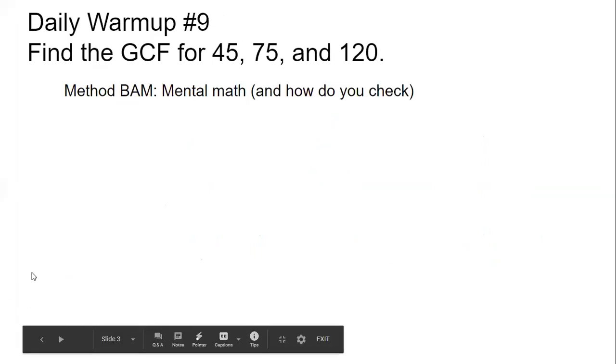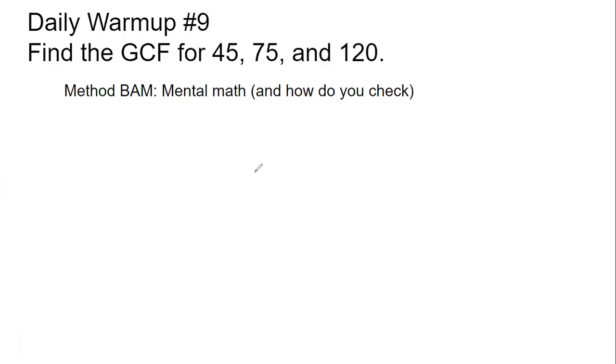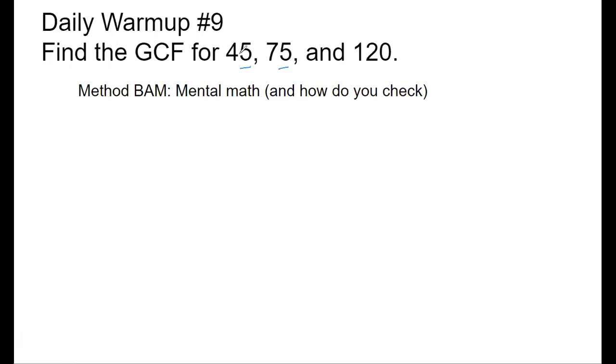So moving on to the mental math. How do you check? I know a lot of people went, hey, I know 45 ends in 5, 75 ends in 5, so these are divisible by 5. This ends in a 0, divisible by 5. So I know they're all divisible by 5.